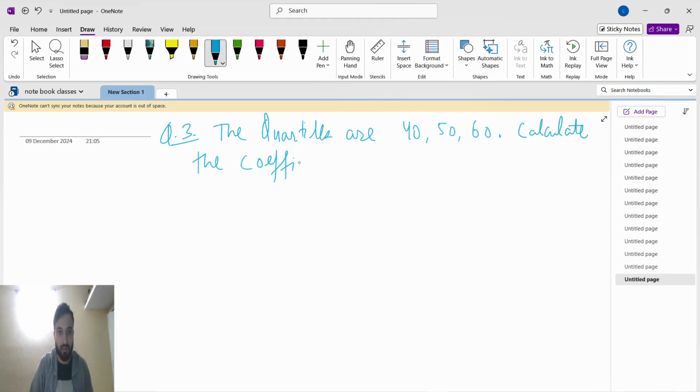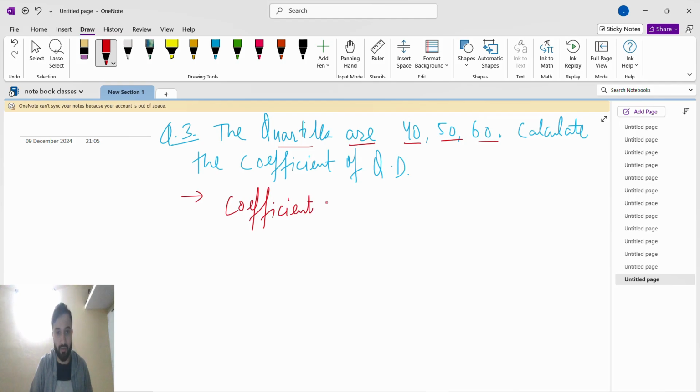Calculate the coefficient of quartile deviation. It's very easy, guys. Already they have said the quartiles are given, meaning Q1, Q2, Q3 are given. Calculate the coefficient of quartile deviation.